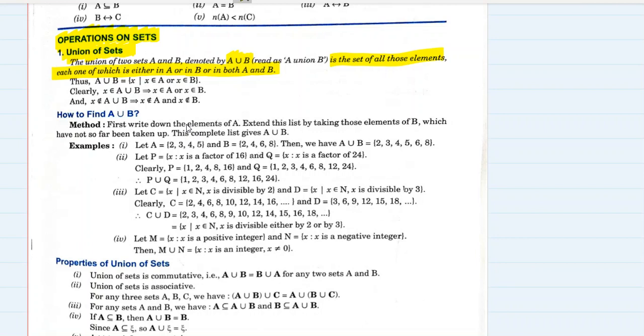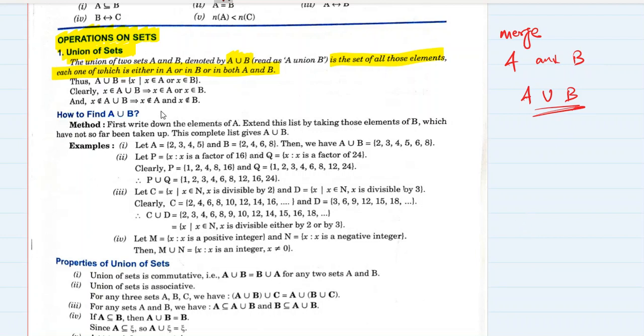Add means you write all the elements of set A and set B together in a single set, which is known as the union of two sets. Union can also be termed as merger. When you merge sets A and B, it becomes A union B.